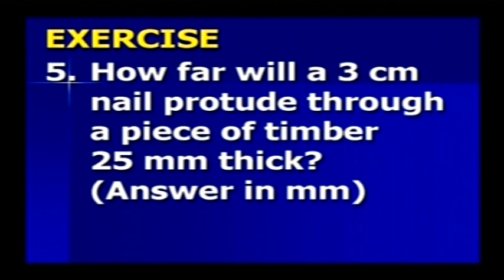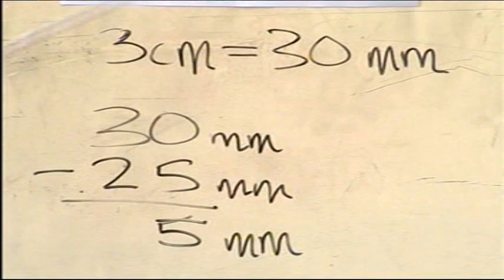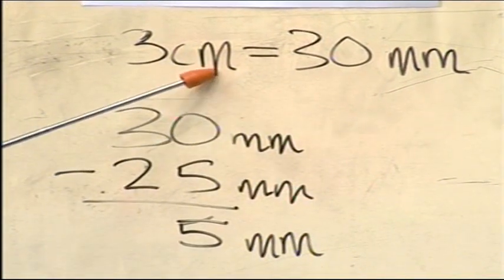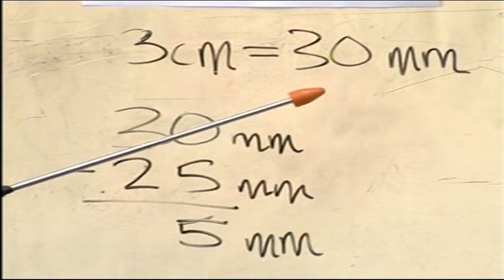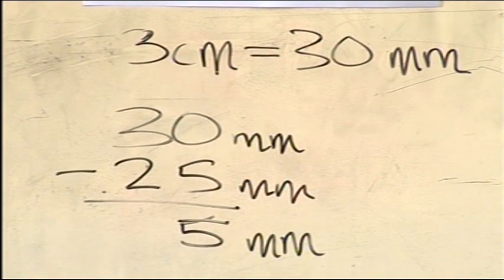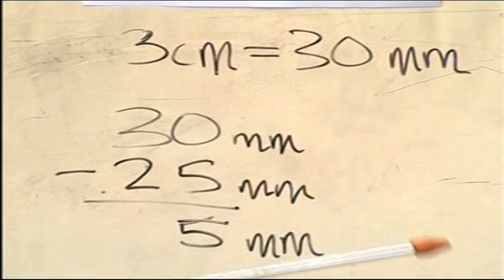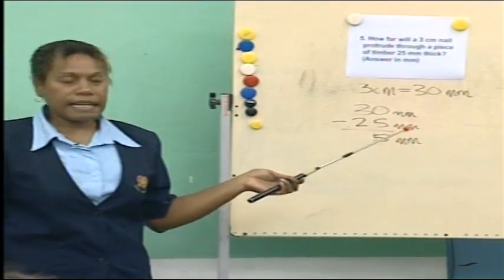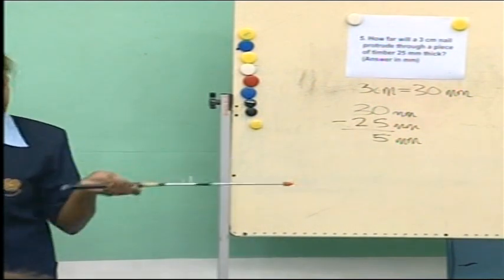So that my units are the same. Is that clear? So 3 centimeters converted into millimeters is 30 millimeters. What did I do to get 30 millimeters? 3 times 10. I'm changing the bigger unit to a smaller unit, so I multiply by 10, which is 30 millimeters.